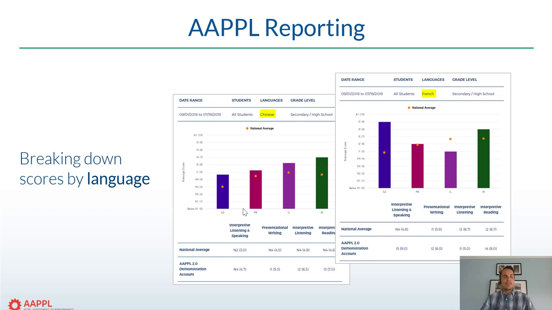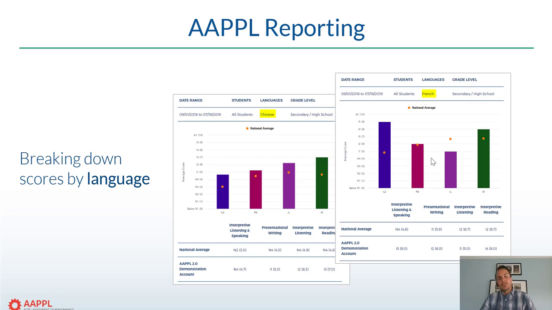What we see over on the left, Chinese, they are doing great, right? They are exceeding national averages across all 4 skills, across all modes of communication, well on track to those CELO biliteracy requirement levels. Over on the right with French, something very interesting happened here. Looking at interpersonal listening and speaking, we can see that that is through the roof, right? On average, they are at the intermediate high level, which is at or beyond CELO biliteracy requirements for most states.